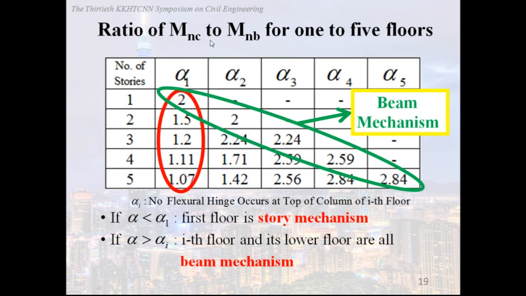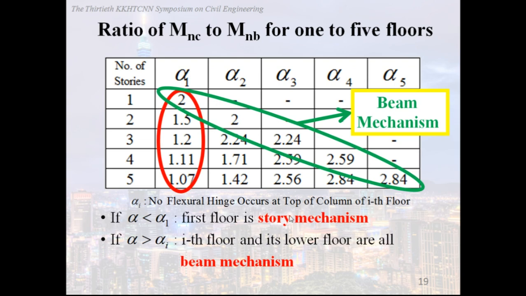Ratio of MNC to MNB for 1 to 5 floors. We induce the results into this table. From this table, we found that if alpha is smaller than alpha 1, the red circle, it shows that the first floor is story mechanism.